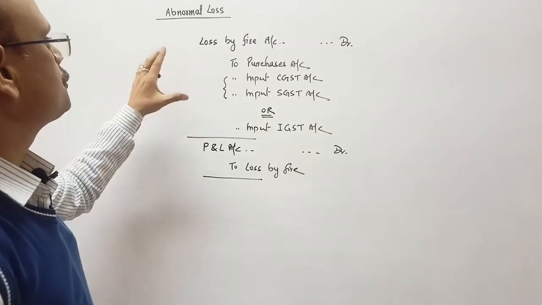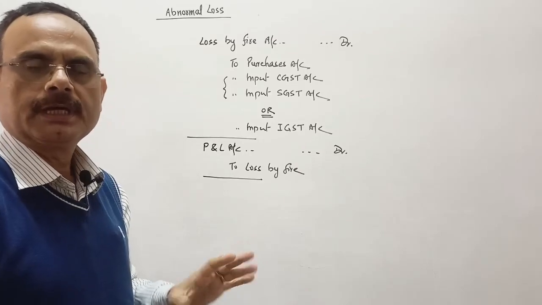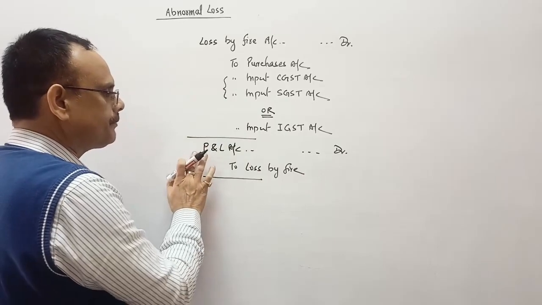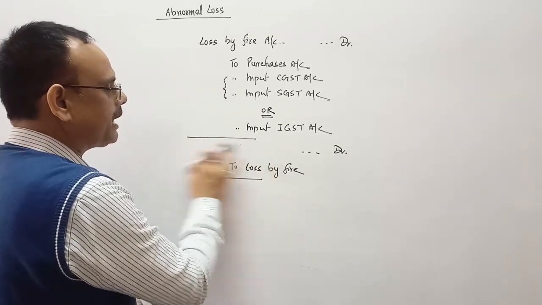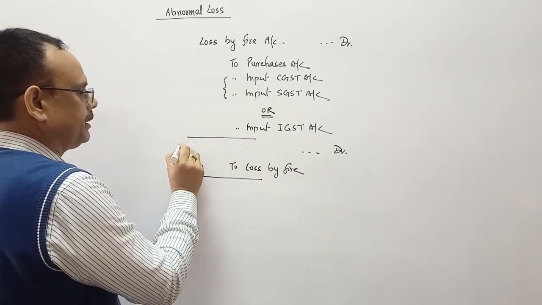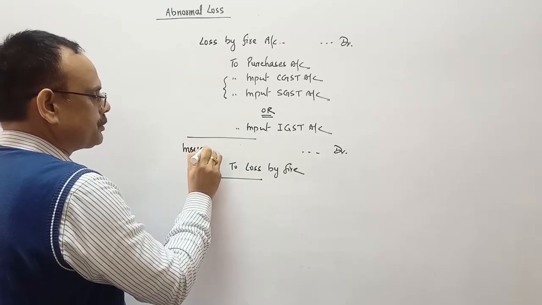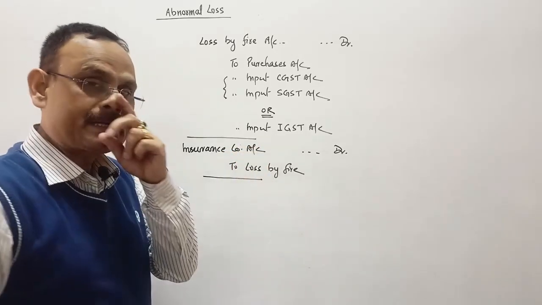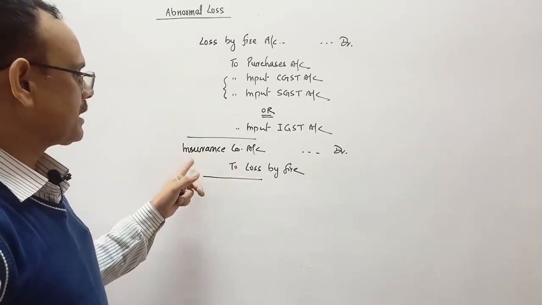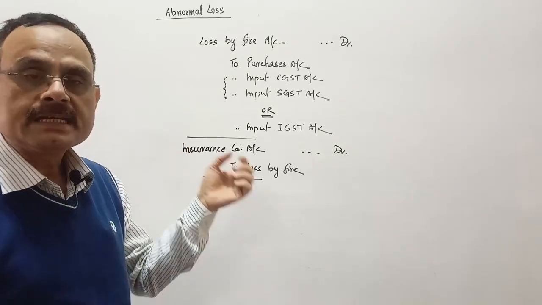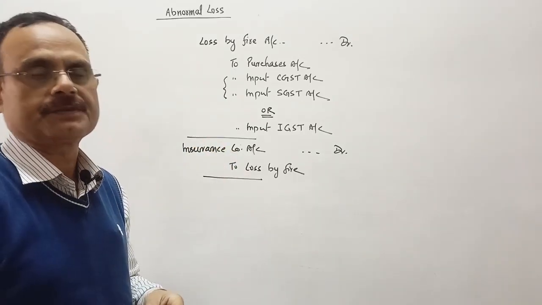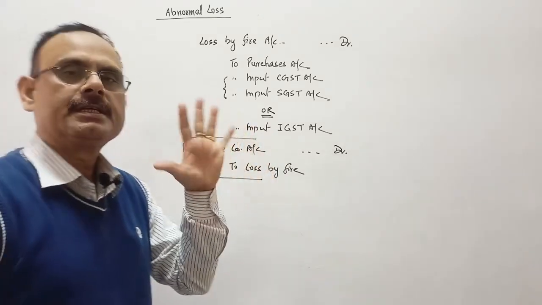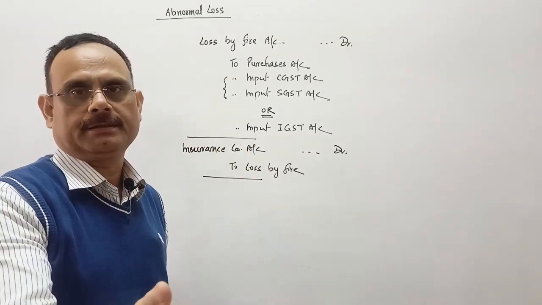If the goods is uninsured, not insured. If the goods is insured, then definitely you will get the amount from the insurance company. So in that case insurance company account debit or insurance claim account debit, that will not be transferred to profit and loss, because you have received 100% claim from the insurance company.